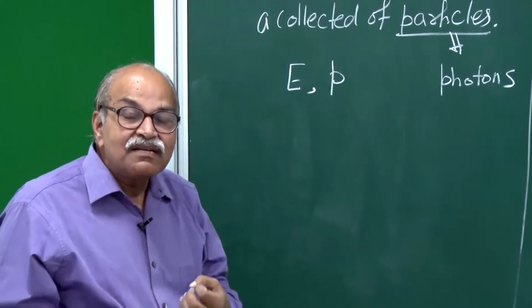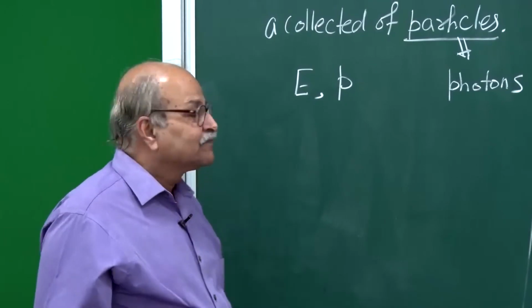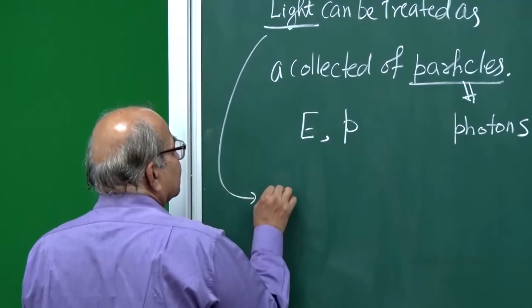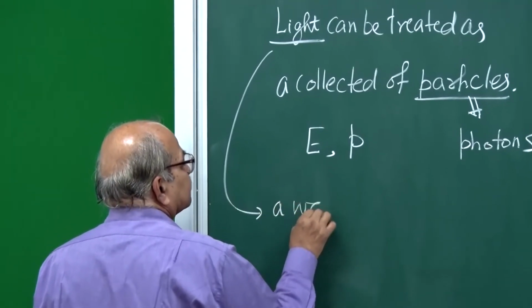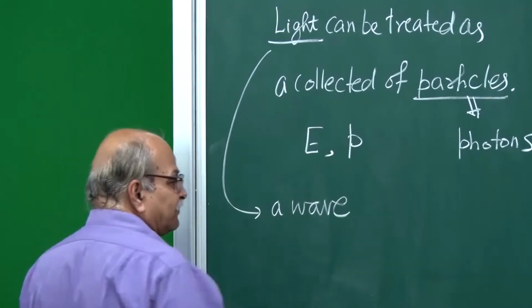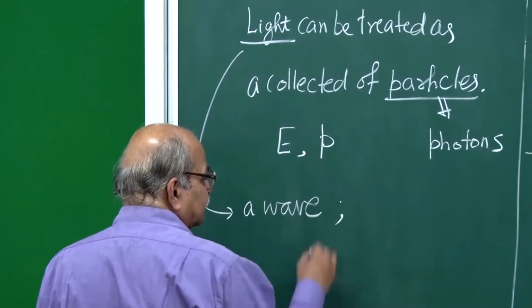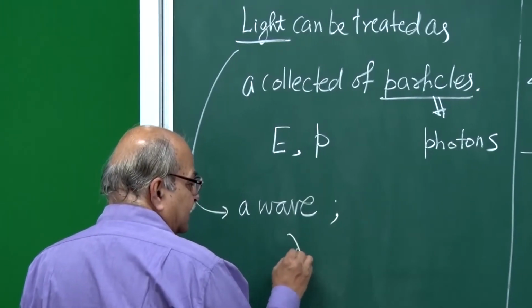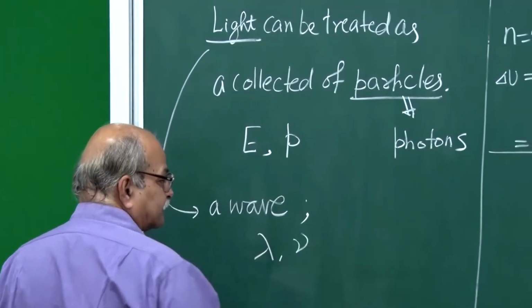These are particle characteristics. At the same time, this light can also be treated as a wave. And when it is treated as a wave, then the characteristic things are wavelength and frequency.